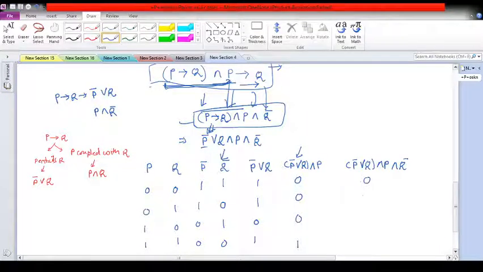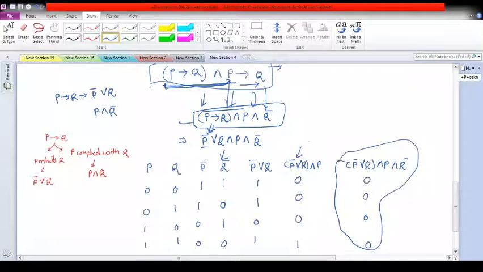It will be 0 0, this is 0, and this is 0. So you can say the contradiction, the compound statement, will always be false irrespective of whether the simple propositions are true or false, which means it is a tautology. So this is the way to check for a tautology in order to take some decision. Next we will see the details of implication.